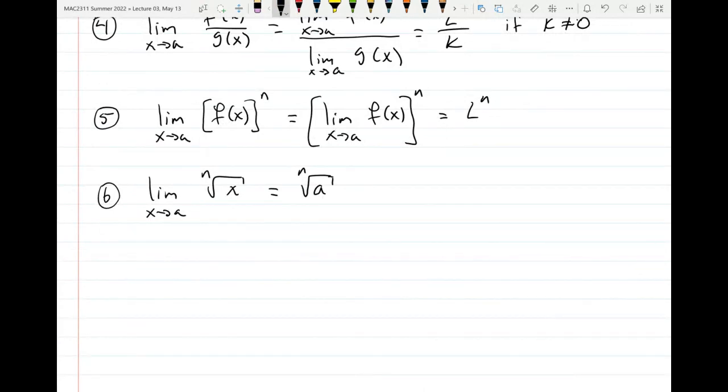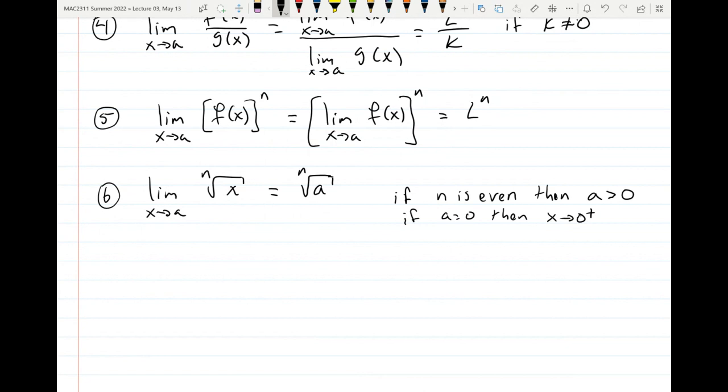A little note that I'd like to make here: if n is even, then we need to have a greater than 0. And if a is equal to 0, then the limit should be as x approaches 0 from the right.